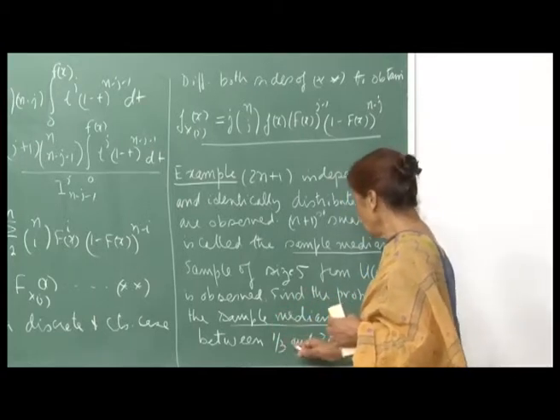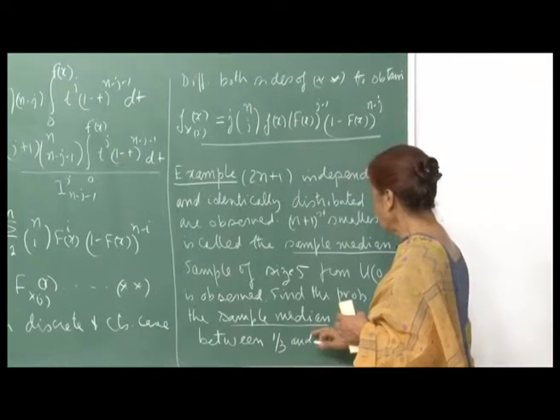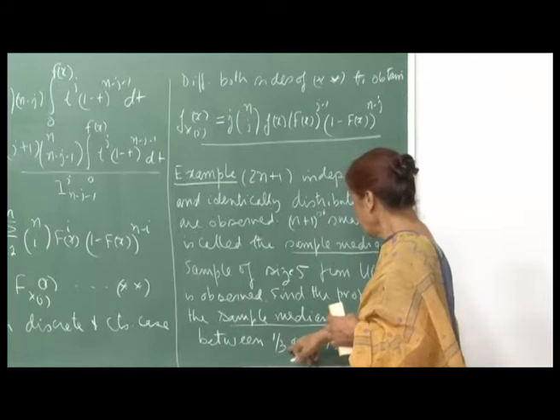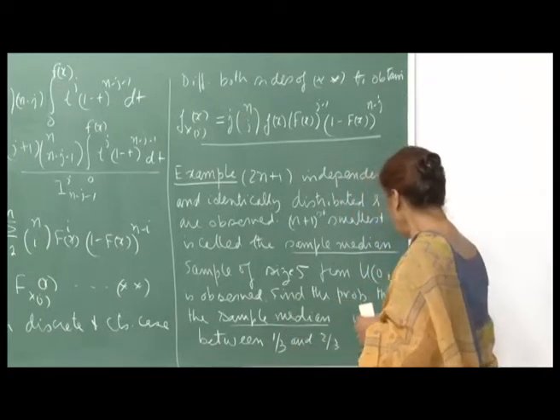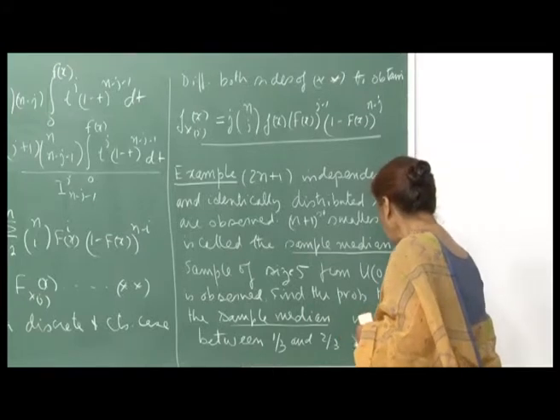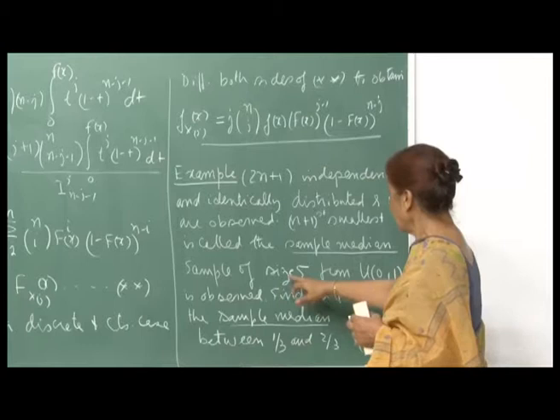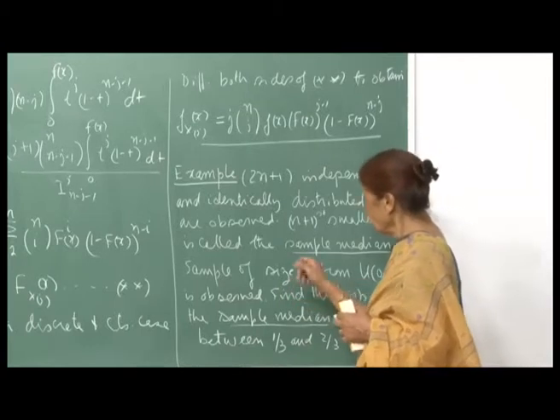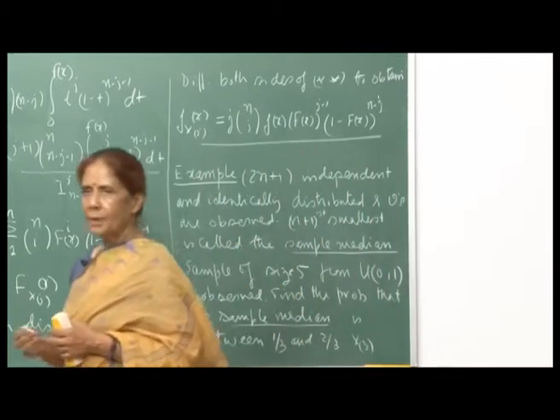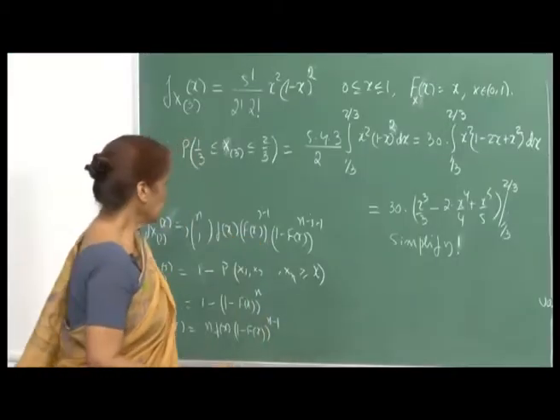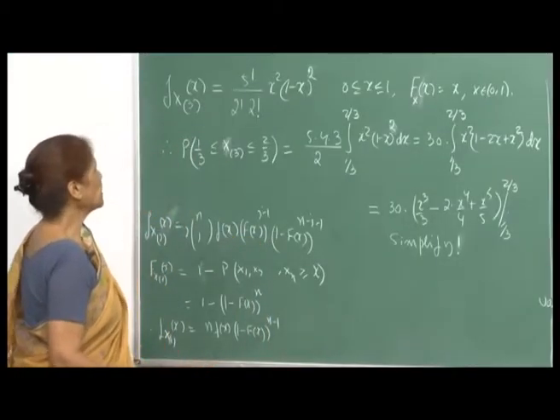So, we will go about now obtaining the expression, because you want to find the probability of the sample median between 1 by 3 and 2 by 3. So, here you are actually talking about X 3, right, your j is 3 here, because sample size is 5. So, the median will be determined by the third smallest statistic. So, X 3 is the median when you have the sample of size 5.